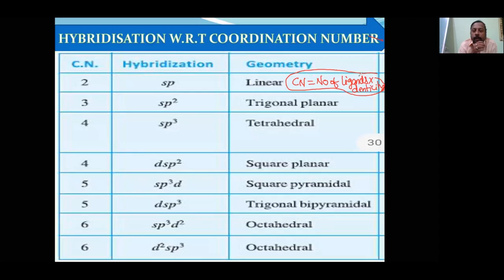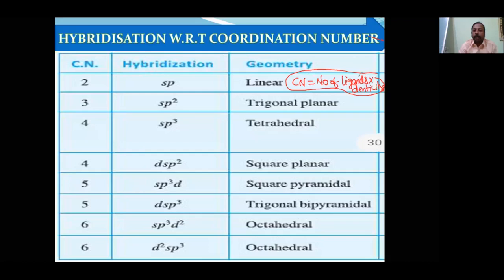It is ready to donate 6 lone pairs, but the central metal ion requires only 4 lone pairs. Then it can change its denticity down to 4. That's why it is called flexible. Denticity can change according to the requirement of the central metal ion. They are called flexidentate.